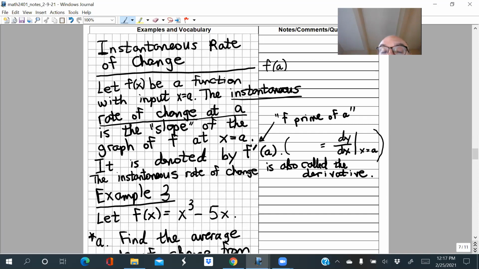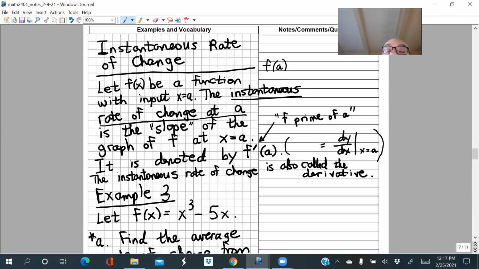But if you put the function name and then this apostrophe up here, which you don't read as apostrophe but as prime, you would read this off the page as f prime of a. That's going to be our calculus notation for the instantaneous rate of change at the input a. Or loosely, you can call that the slope of the graph at the input a.